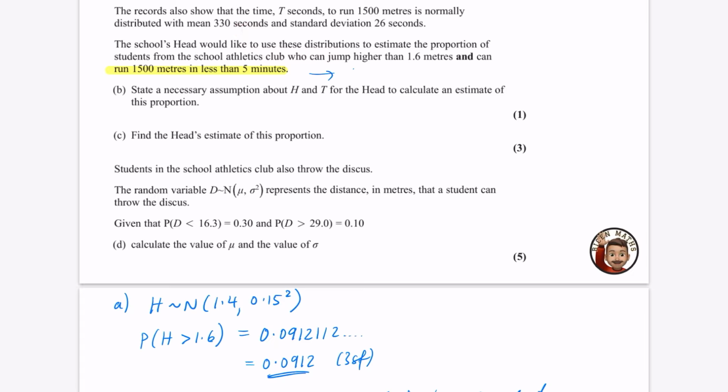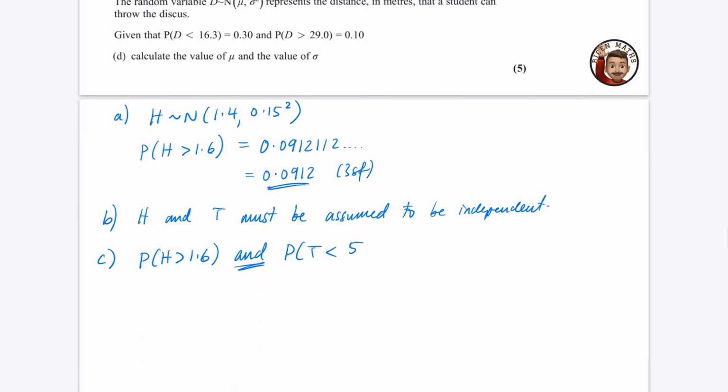So I'm going to need to change 5 minutes. That is going to be 5 times by 60, which is 300 seconds. So I'm trying to find out what is the probability that H is greater than 1.6 and that the time is less than 300. I'm going to work out this one, and we know and means multiply.